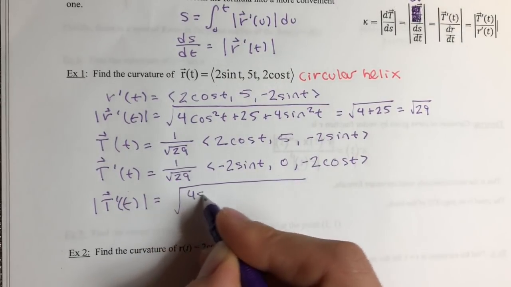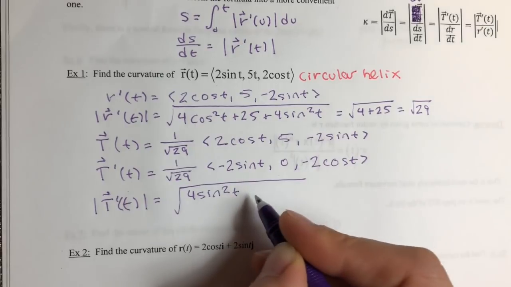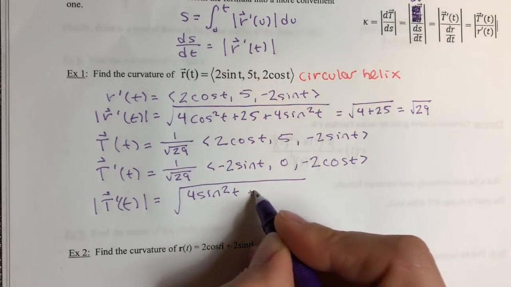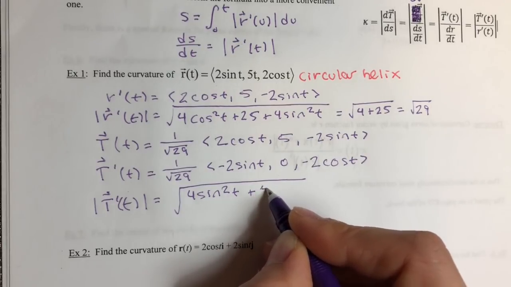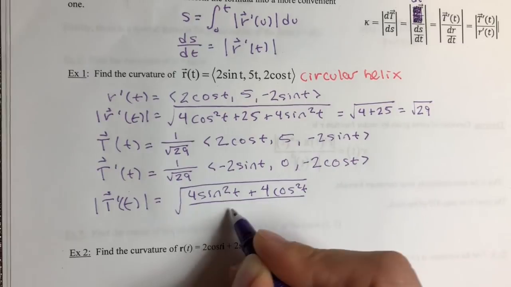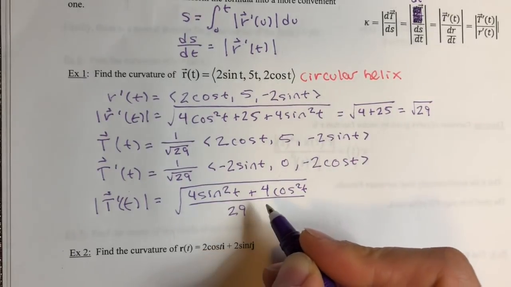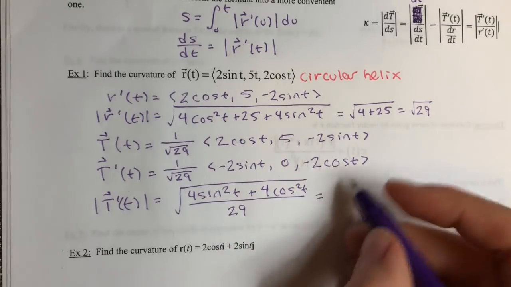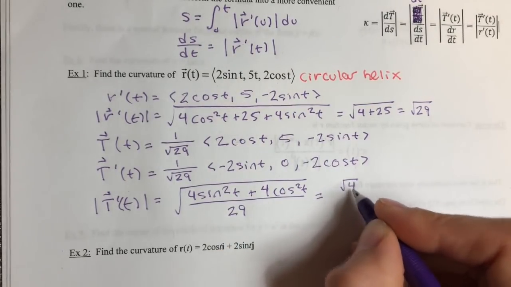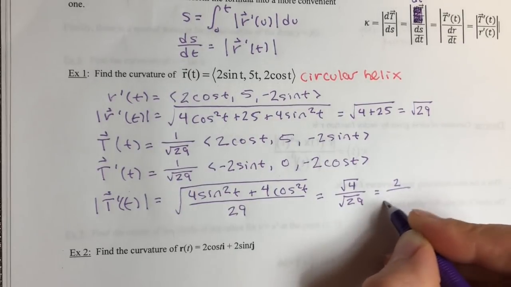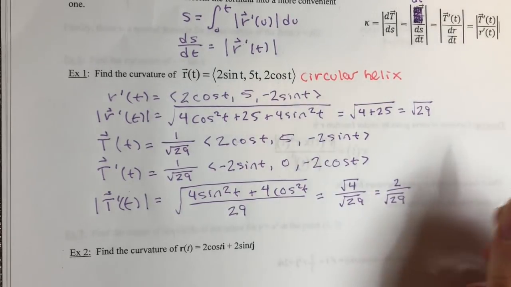I'm going to get 4 sine squared t, plus 0, plus 4 cosine squared t over 29. All right, so once again, I'm going to get that square root of 29 in the denominator, but in the numerator, I'm going to get the square root of 4. So I'll get 2 over square root of 29.